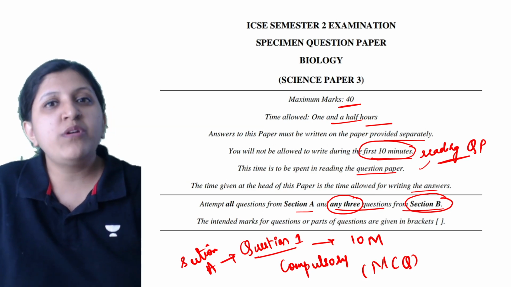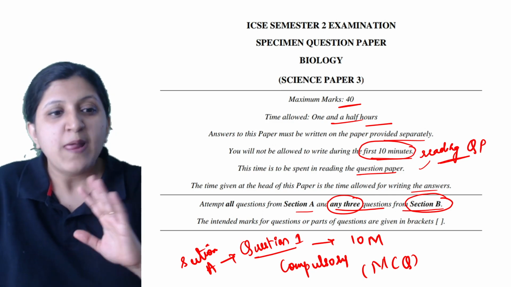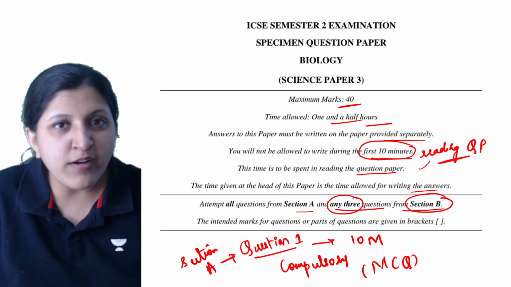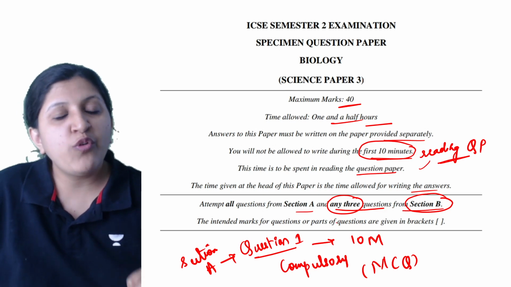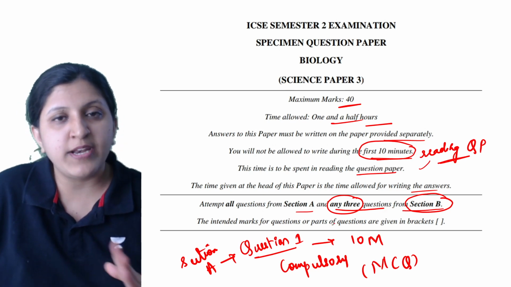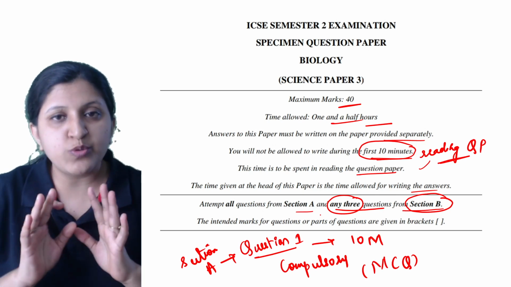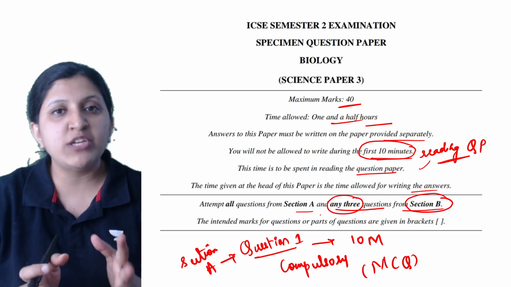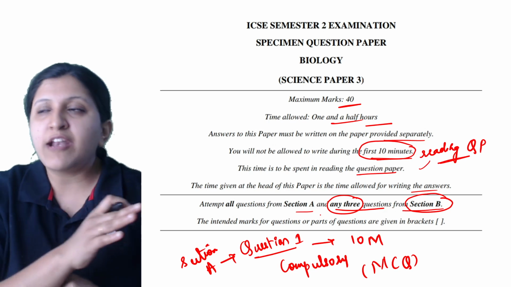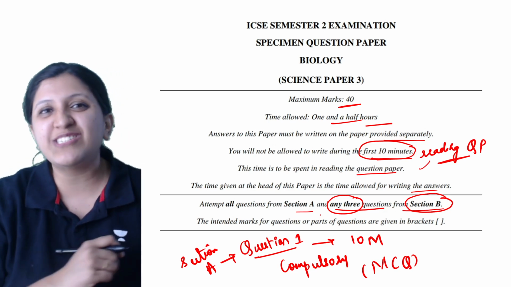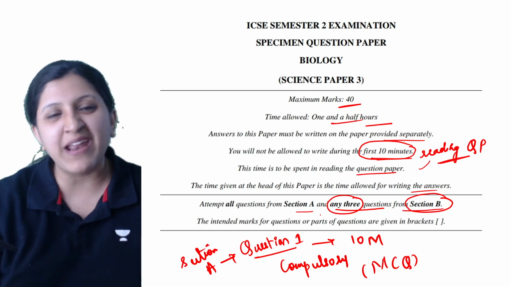Don't write everything in half, because if you do that, you are not going to get marks. So try to avoid attempting extra questions. Write only the 3 which are mentioned. If you are confident about all the questions and have more time, then you can write them.